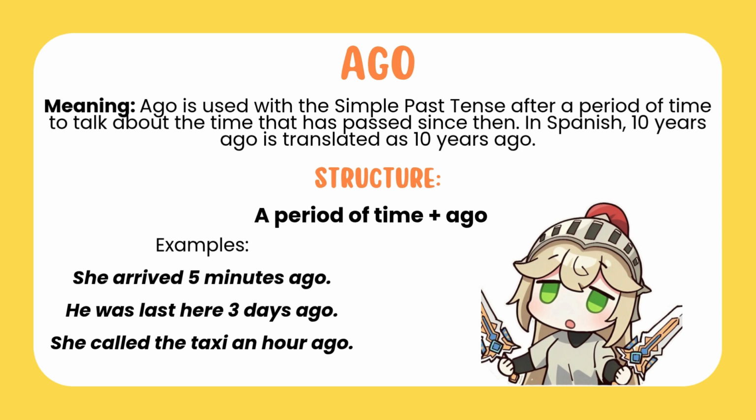However, we can use it in short answers to indicate how much time has passed since something happened. Structure: subject plus past tense verb plus time period plus ago. Here are some examples. She arrived 5 minutes ago. He was last here 3 days ago. She called the taxi an hour ago. Simple.